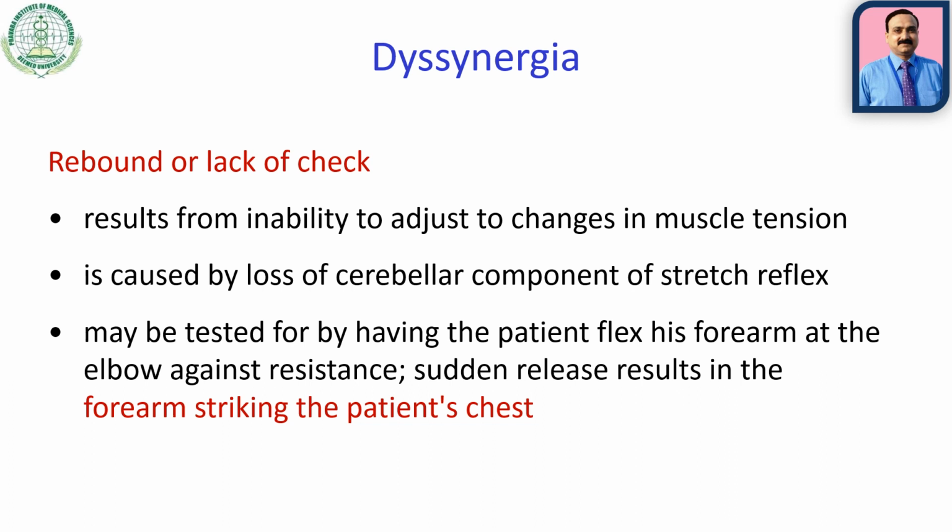During this there is rebound or lack of check, which results from inability to adjust to changes in muscle tension, caused by loss of the cerebellar component of the stretch reflex. It may be tested by having the patient flex his forearm at the elbow against resistance. Sudden release results in the forearm striking the patient's chest.